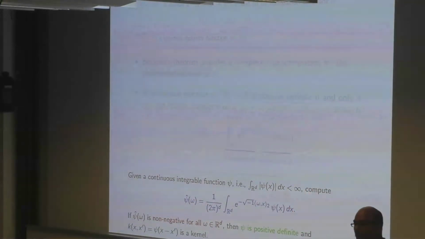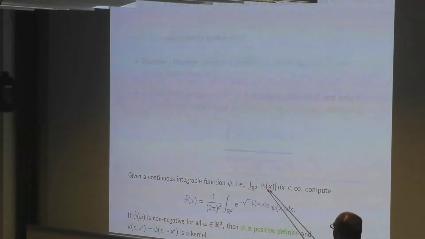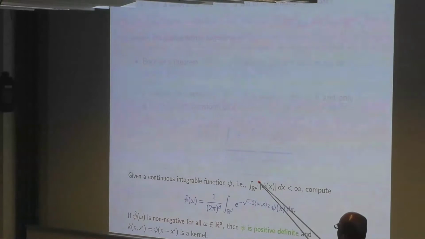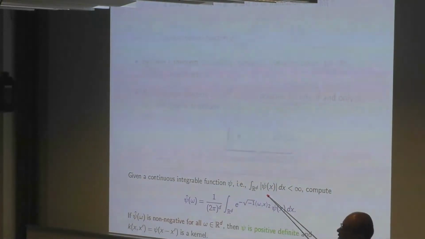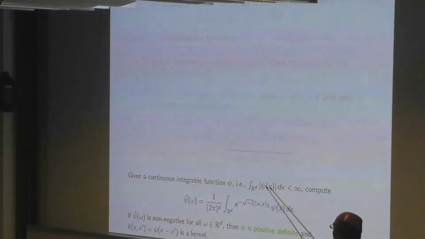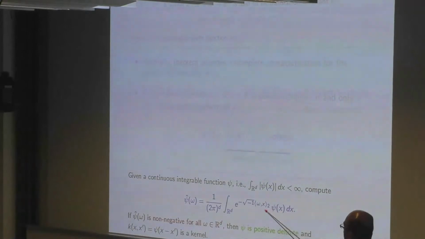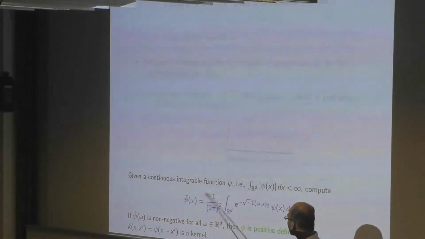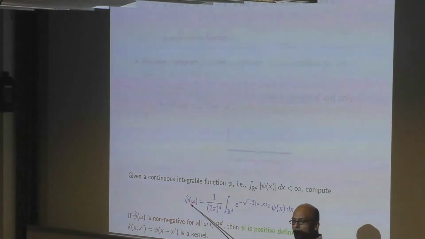Now if I want to check whether it is positive definite or not, all I have to do is this. First, check whether the function c that I gave is integrable. Then simply compute the Fourier transform of that function. The Fourier transform of this function c, I'm going to denote as c hat.